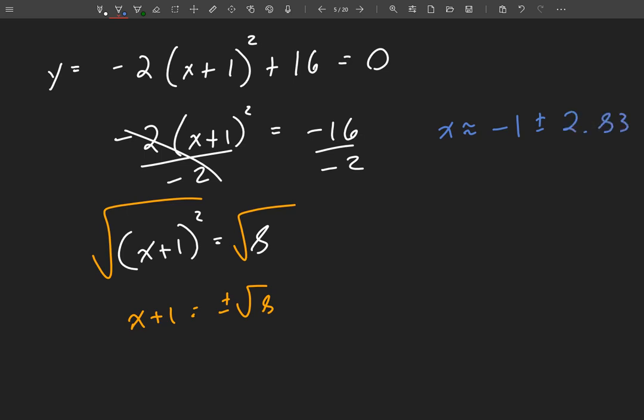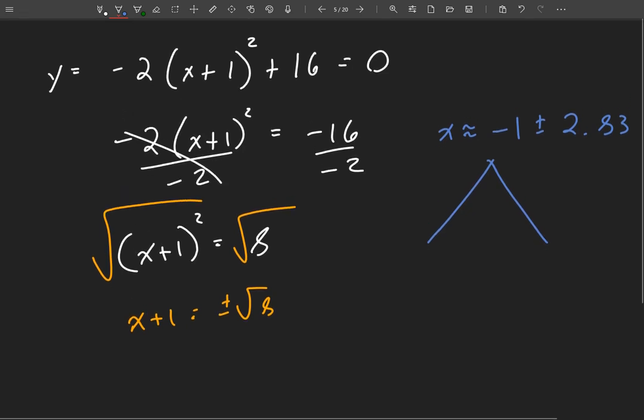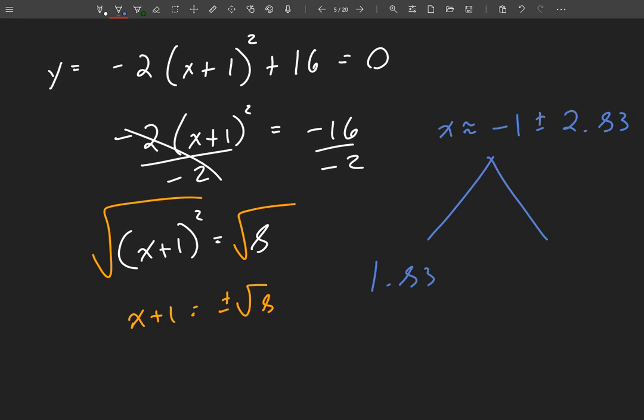You'd think as many times as I've done this, I would have remembered some more square roots. Should memorize these at some point. All right, so now I have two roots. I have negative 1 minus that, and negative 1 plus that. So negative 1 plus that is going to be 1.83, and then minus is going to be negative 3.83.